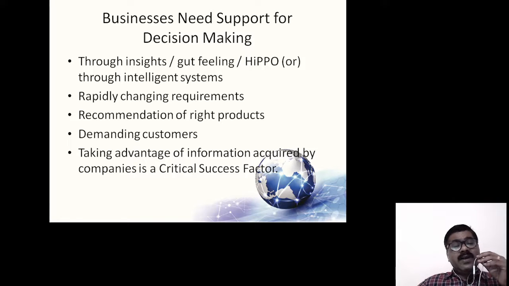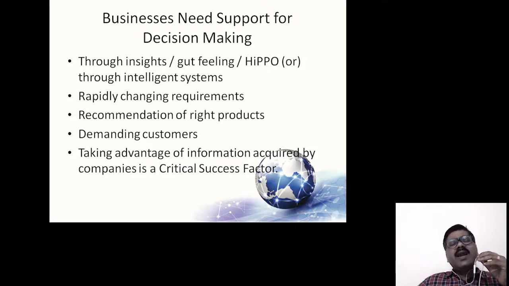And taking advantage of information acquired by companies. See, this data science or data mining, although it was conceptually there in the late 1970s, has grown in a very short time. You could have seen this sector, the data science sector, growing very rapidly, and even the experts say that this field does not get saturated even after 20, 25 years, till now.